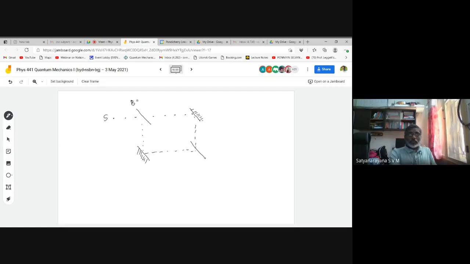Let's call this beam splitter 1, and this beam splitter 2. This is mirror 1 and mirror 2. Now this is transmitted, this is reflected, and you have transmitted plus reflected, reflected plus transmitted beams coming. Let's call this D1. And then the transmitted plus reflected beams come here. This we call D2.